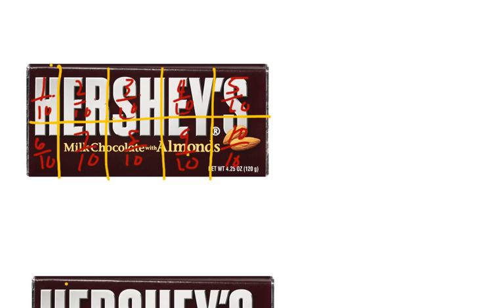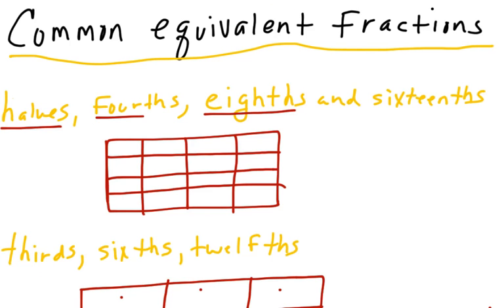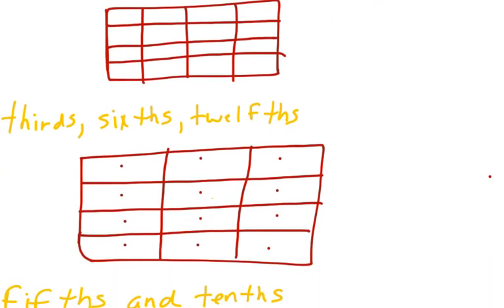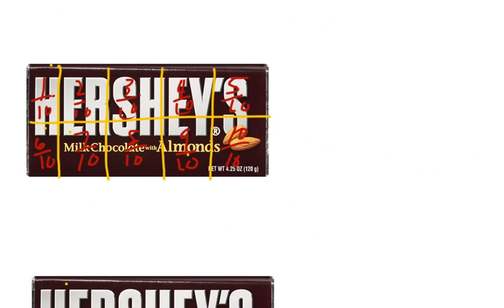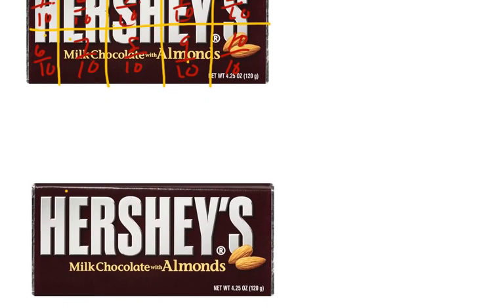So remember, we want to reduce this fraction to the simplest form that we can. So we go back and look at our common fractions, and we know that tenths and fifths are commonly equivalent to each other. So instead of saying I have to share my candy with 10 people, I can reduce the number of people I share it with by making those pieces a little bit bigger.